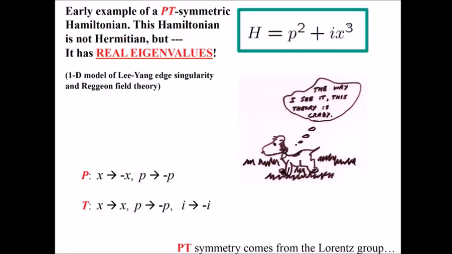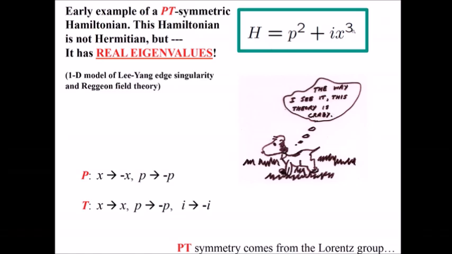Now I have to tell you, when I first saw this Hamiltonian, someone showed me this Hamiltonian, and because I had a traditional education in physics, I said, this is stupid. I said, the way I see it, this theory is crazy. And I said that because this Hamiltonian is not Hermitian.